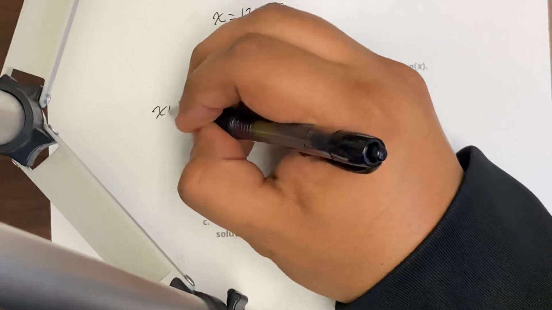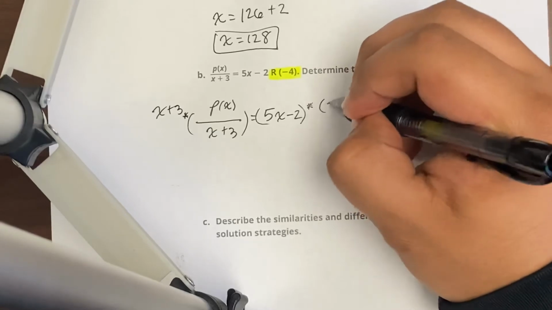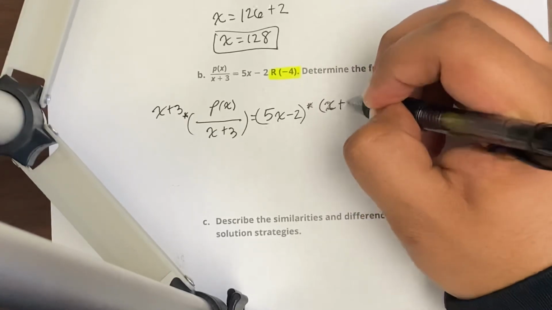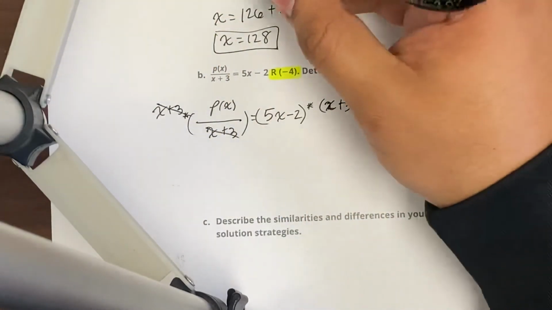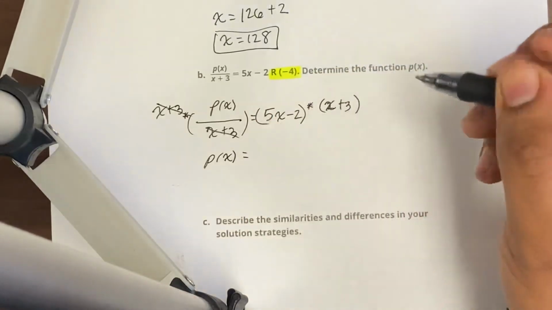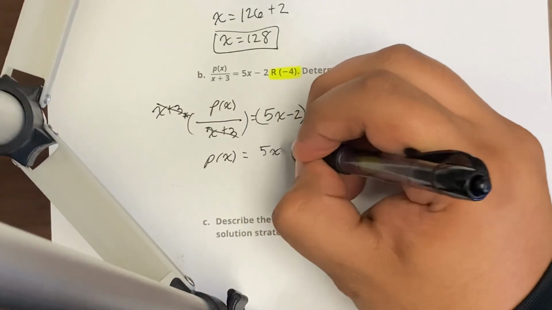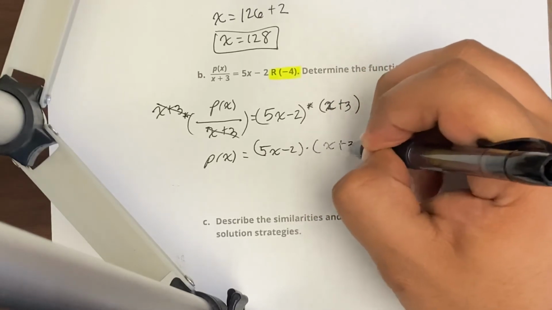Multiply by x plus 3 on both sides. These cancel just like the top part. So we get p of x equals 5x minus 2 times x plus 3.